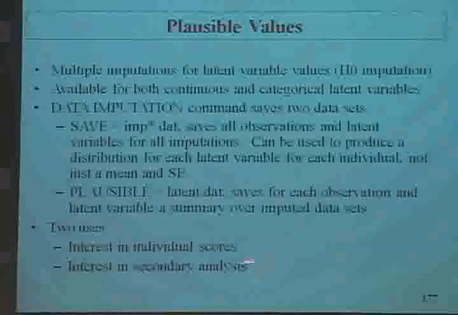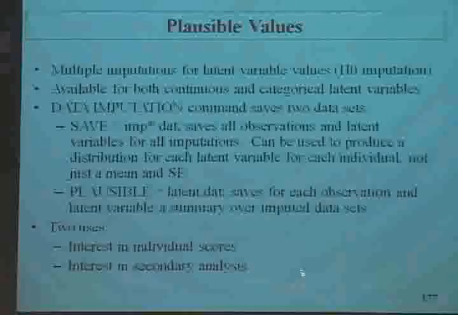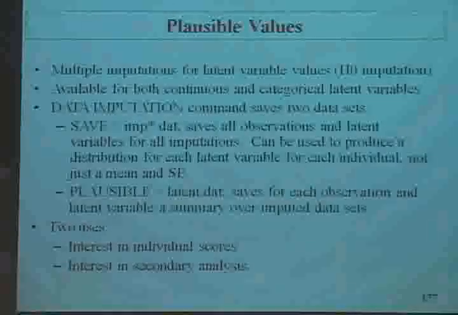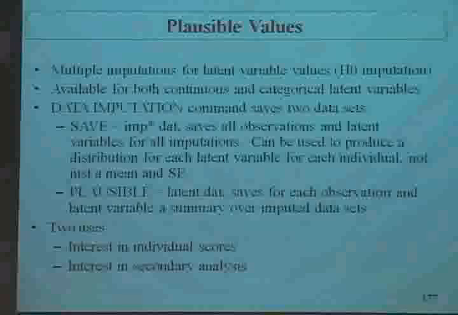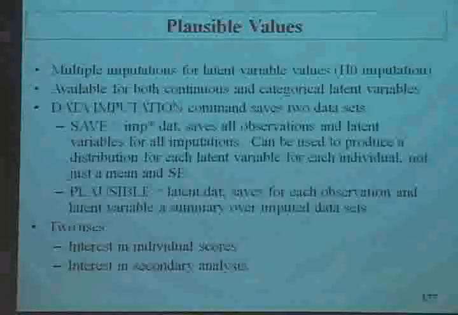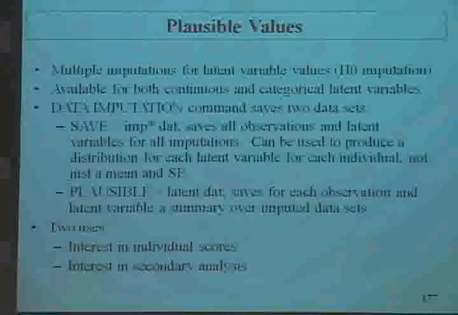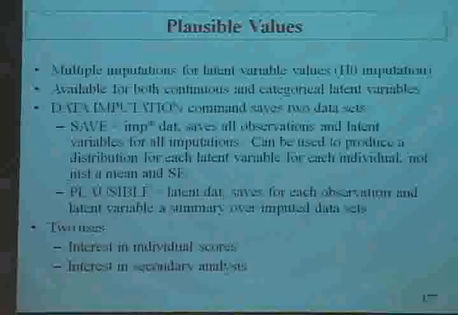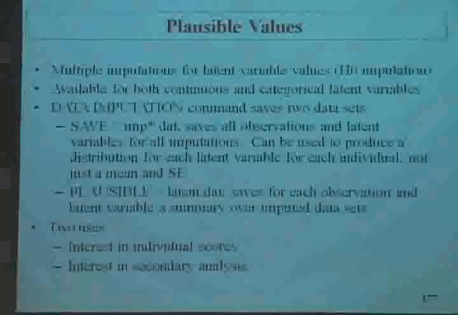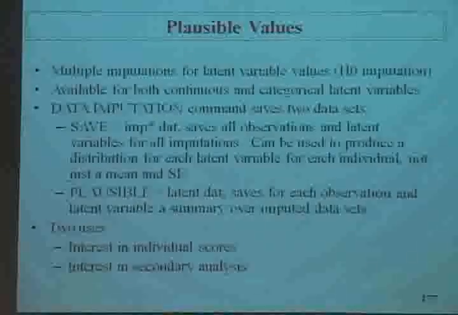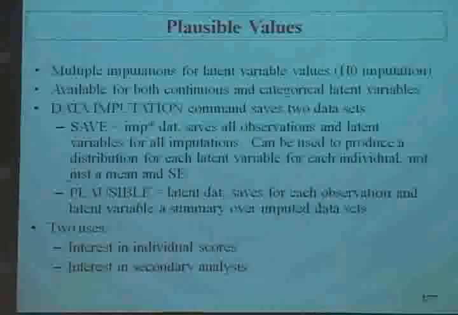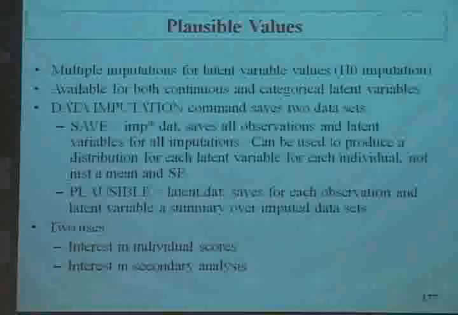If you're going to use the plausible values in a secondary analysis, such as including them in another model, you have to put your mind in a different framework. You can think of the latent variables as variables that are always missing, and the plausible values as their imputed values.